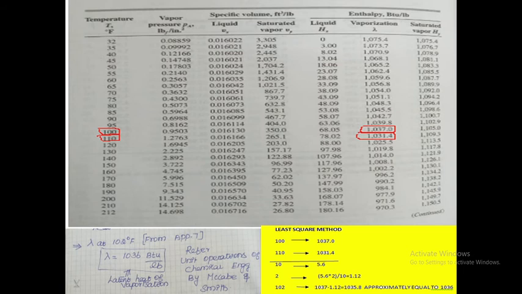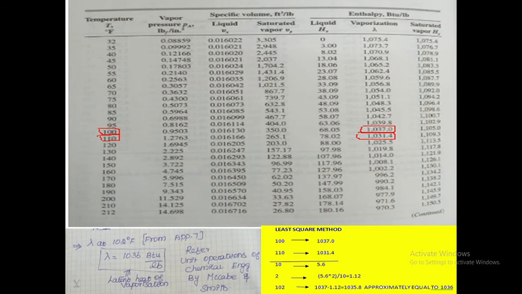Okay. But in this table, 102 degrees Fahrenheit is not available. In the first column, the temperature in degrees Fahrenheit, we have 100 and 110 degrees Fahrenheit. From that, we are going to use interpolation to calculate the latent heat of vaporization at 102 degrees Fahrenheit.